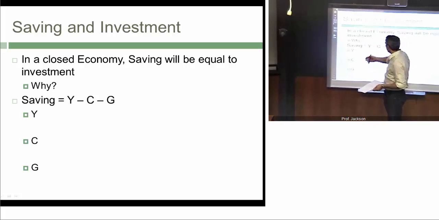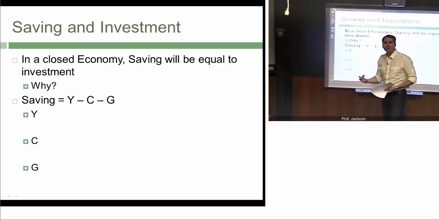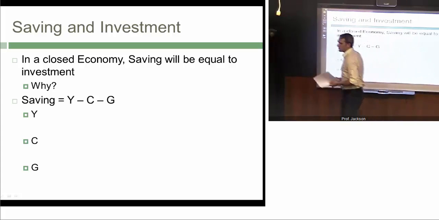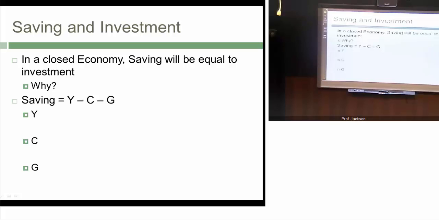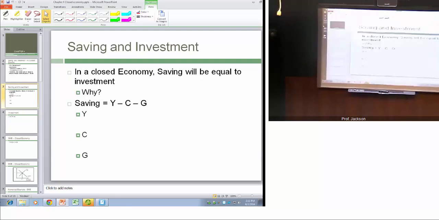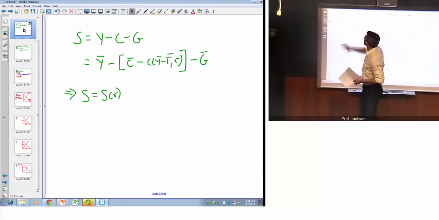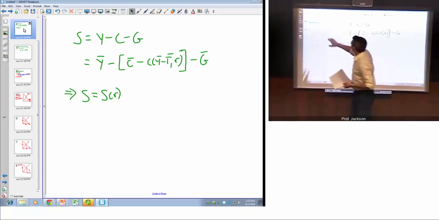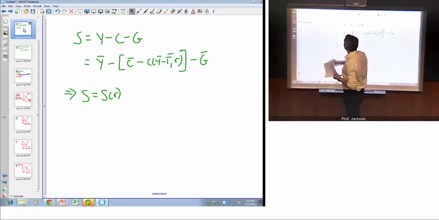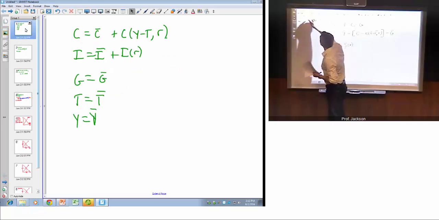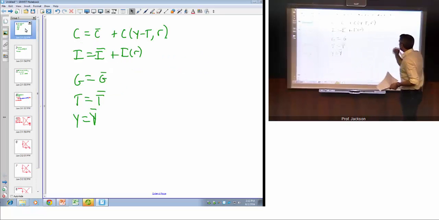So again, we have saving is just equal to y minus c minus g. And so the question is, what determines or what drives those three elements?